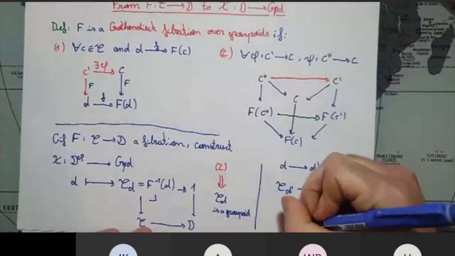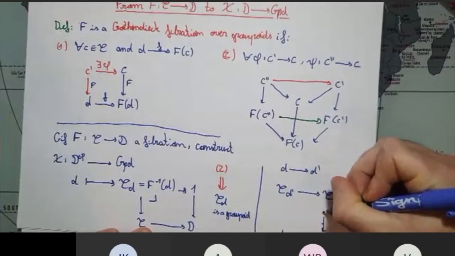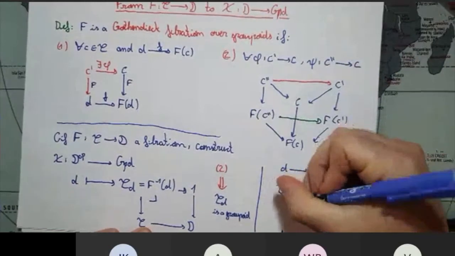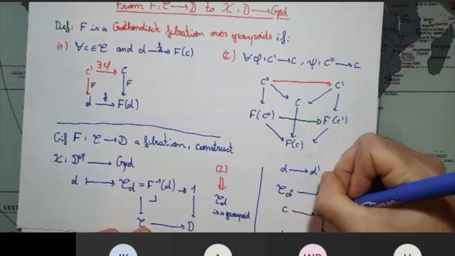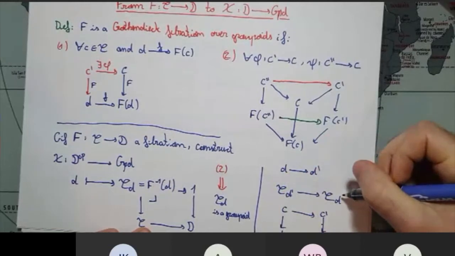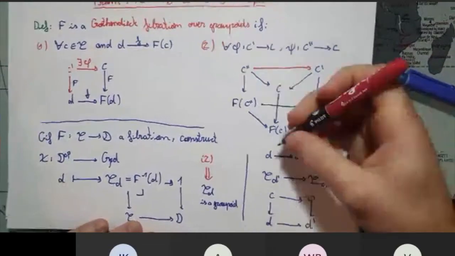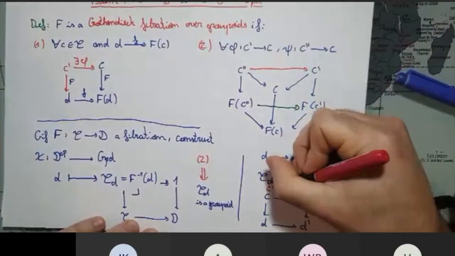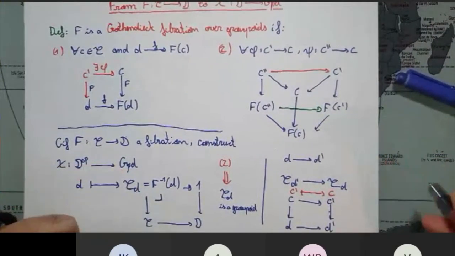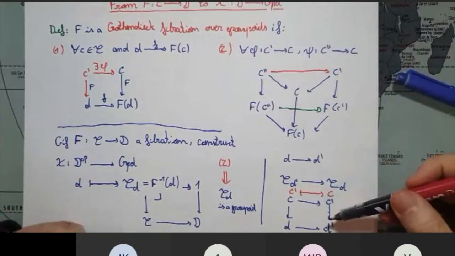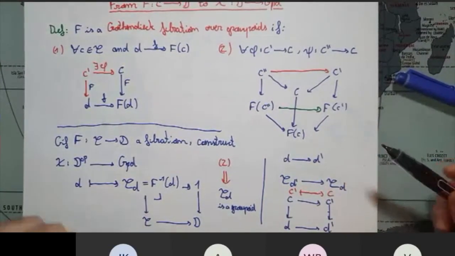So we can lift this, and then using property 1, we can find the map, well, the map takes C prime to C. So this is only defined up to isomorphism, and so to do it precisely, we should work with 2-categories. I won't do it here.